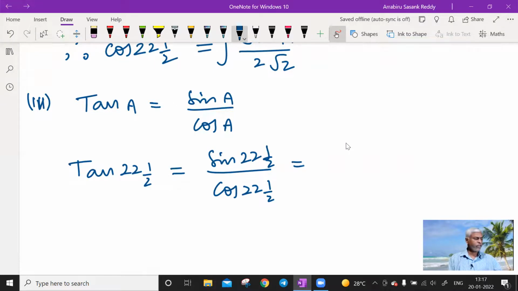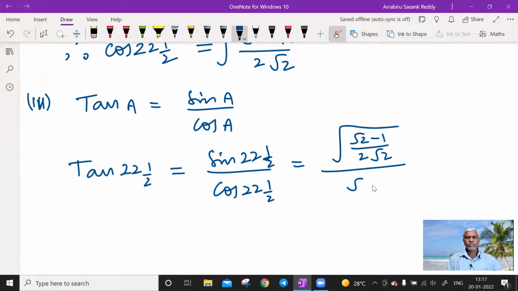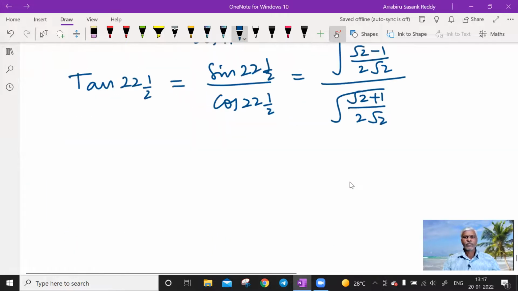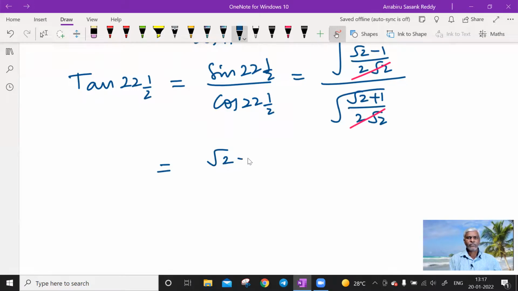That is, the sin value is root 2 minus 1 by 2 root 2, and cos is root 2 plus 1 by 2 root 2. Here 2 root 2 will get cancelled. So root 2 minus 1 by root 2 plus 1.